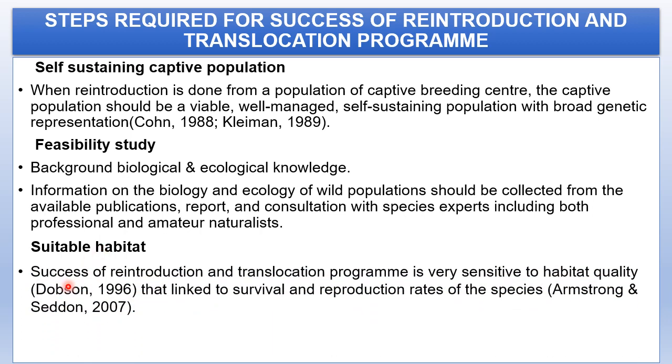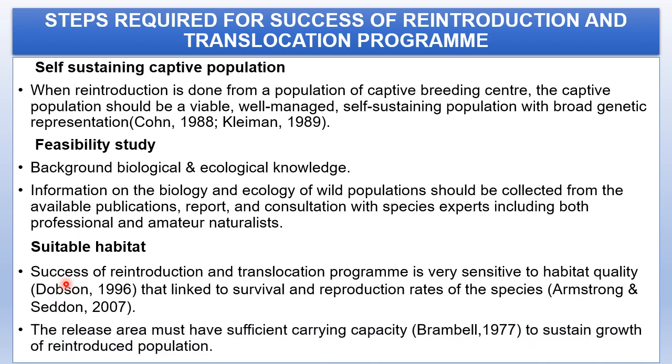So the success of a reintroduction and translocation program is very sensitive to habitat quality, which links to survival and reproduction rates of the species. That means suitable habitat should meet the candidate species' total biotic and abiotic needs through space, time, and for all stages.